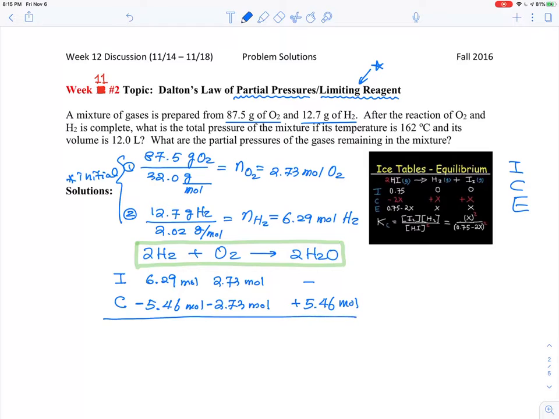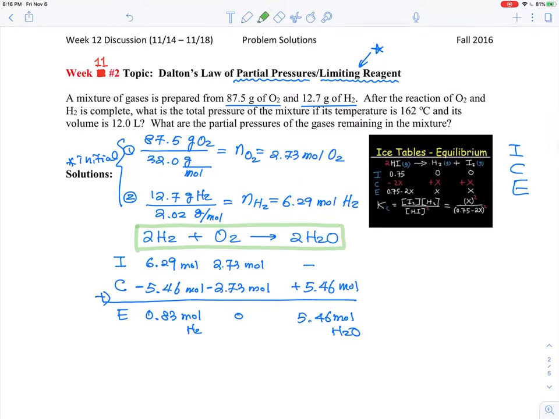Okay, so at the end, in the ICE table, you have 0.83 moles of hydrogen. You have nothing left of oxygen, and you have 5.46 moles of H2O. Right?